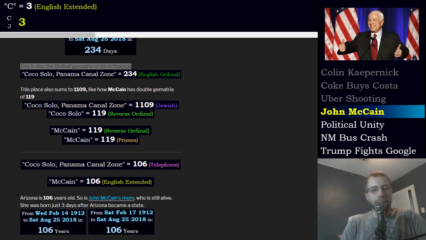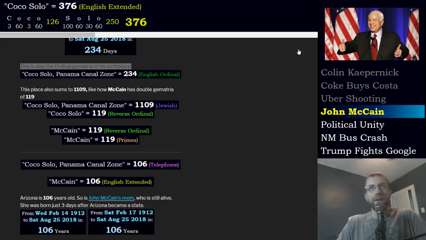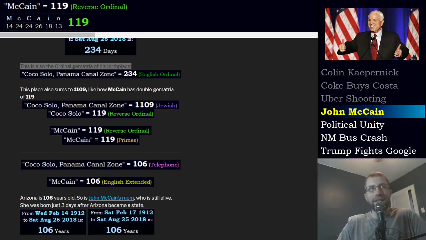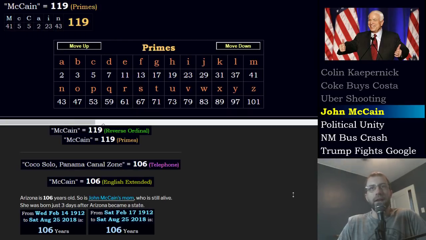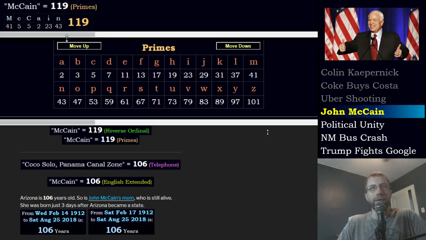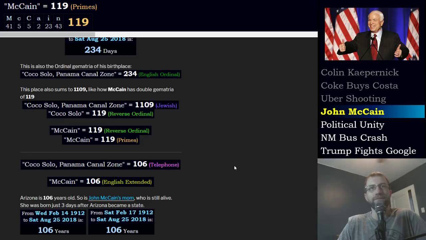In the reverse alphabetic order, Coco Solo equals 119, just like the name McCain, 119. Also using prime numbers, alphabetic order with related primes, McCain has gematria of 119 using that method as well.